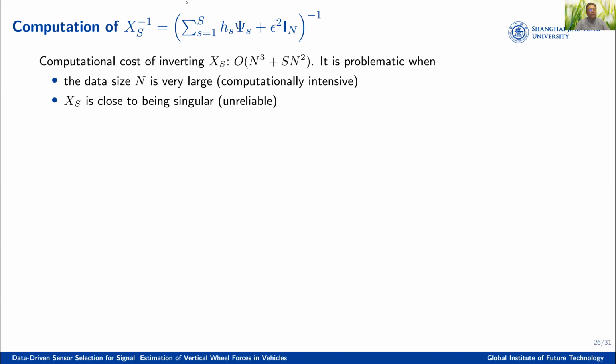So the number of n could be really large. And secondly, XS is close to being singular sometimes. If that is the case, then the system will become really unreliable.